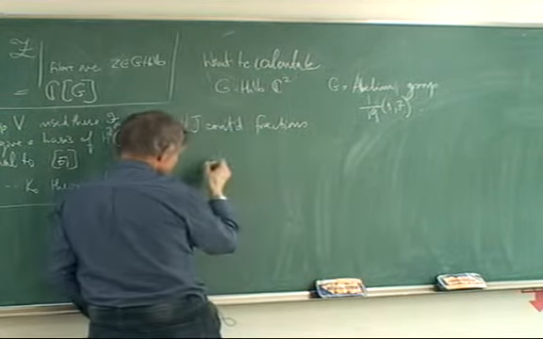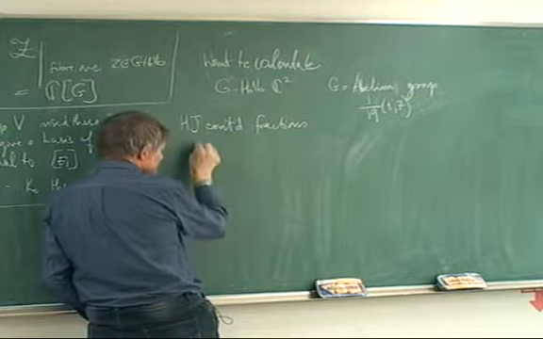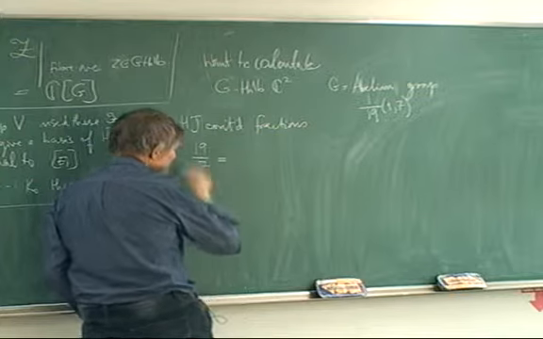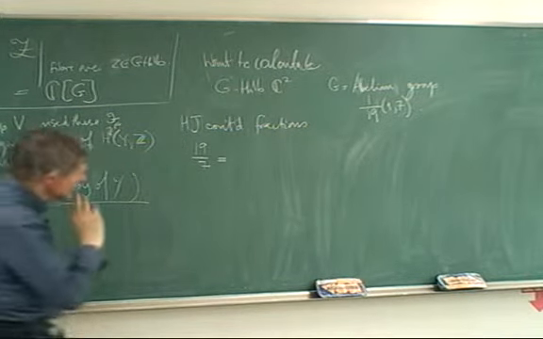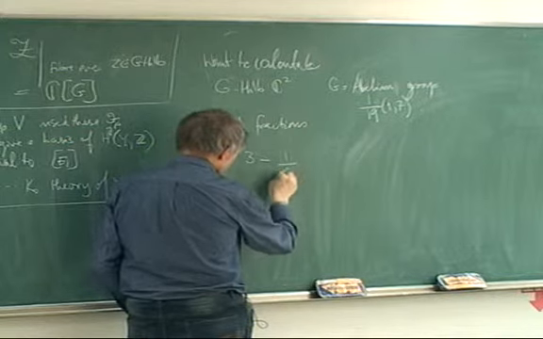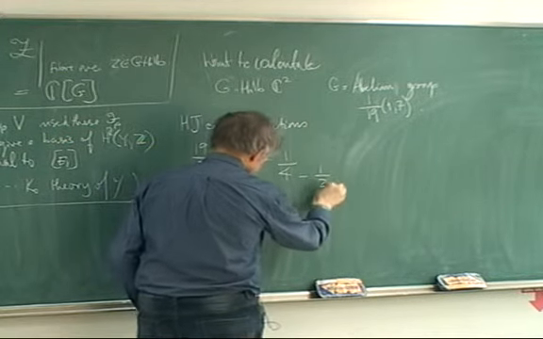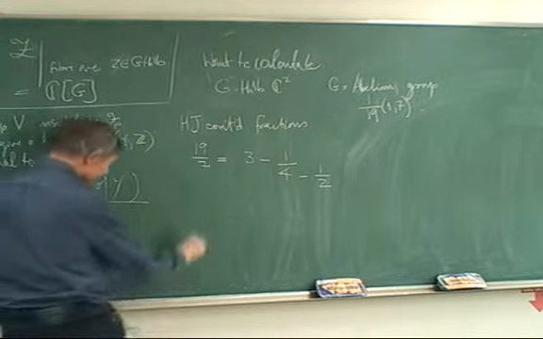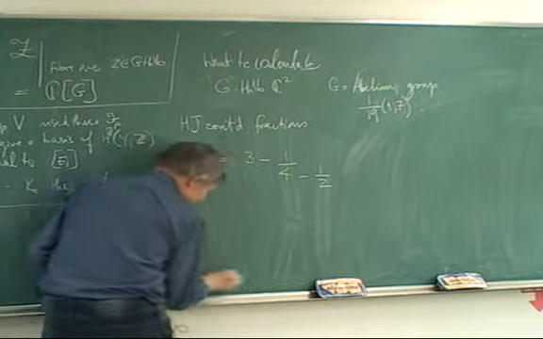So in this case, this is a very, very simple thing. If I write down 19 divided by 7, I get 3 minus 1 over 4 minus 1 over 2. Yes? And I want to tell a story about this, and the story goes like this.